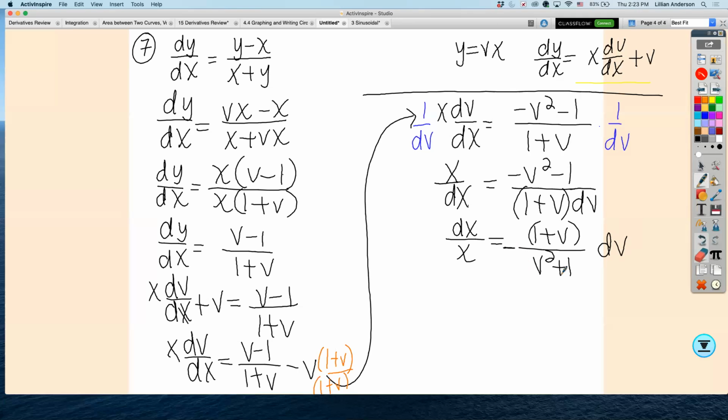Now what can I do? You could integrate. I can integrate. What you could do is take off that 1 plus v, so it's like 1 plus v, and then 1 over v squared plus 1, because 1 over v squared plus 1 should equal arctan v.